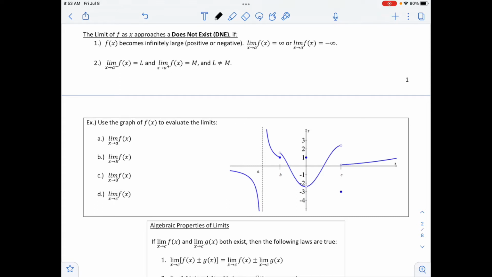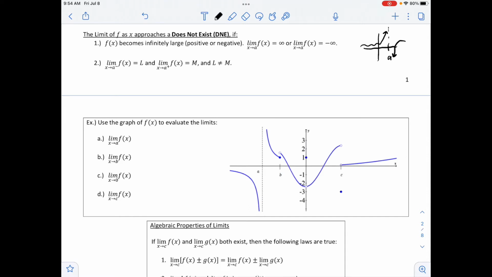So for these cases on a graph, if we had a value of a here, as you're approaching it, maybe it's going up to infinity at a, or maybe down to negative infinity at a. And so this would be a case where we would say the limit does not exist.